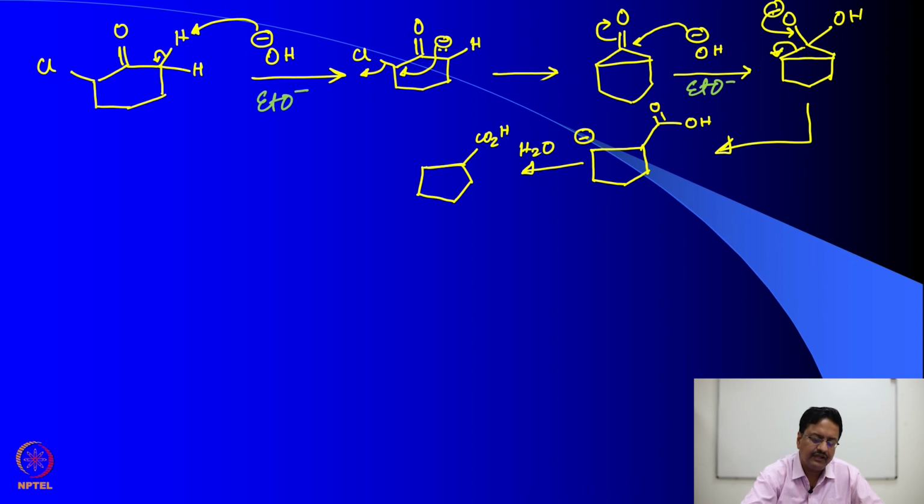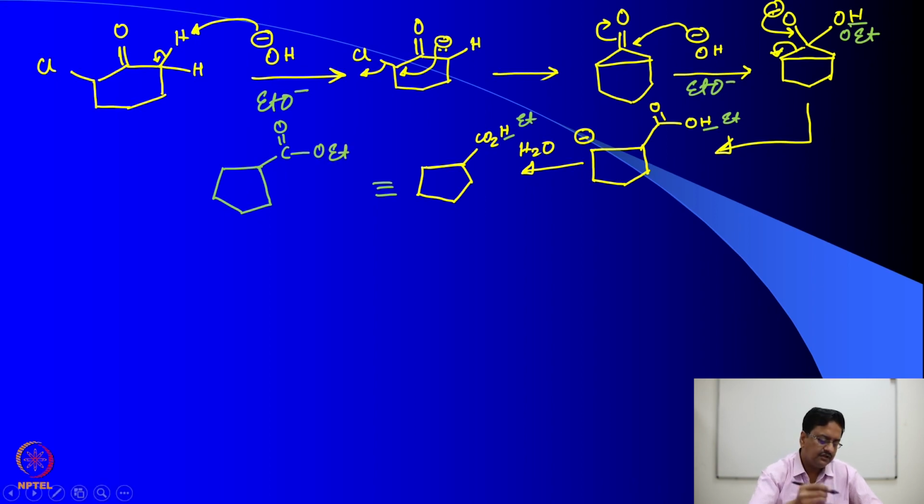Now, instead of OH minus, if we had used EtO minus as base and here also EtO minus as base, then this would have been OEt. As a result, this would have been Et. That means, if you had used sodium ethoxide as base, you would have got an ethyl ester.